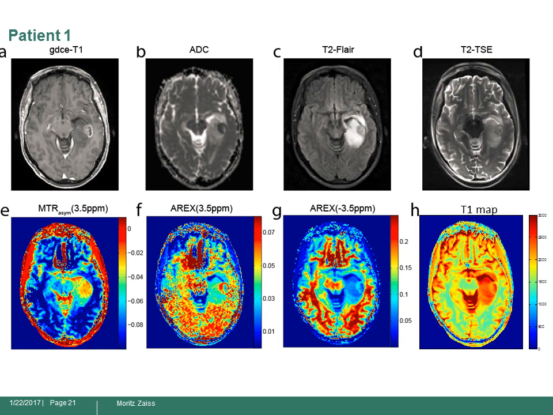And you see that the tumor area is actually hypo-intense in this map, but you also see that the gadolinium contrast enhancement, which you see in figure A, is not correlating very much with AREX 3.5. At least it's not significant compared to contralateral white matter.